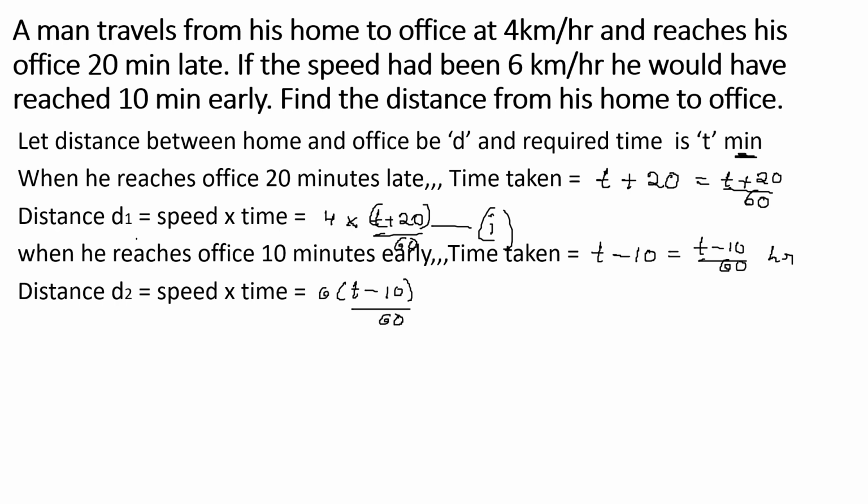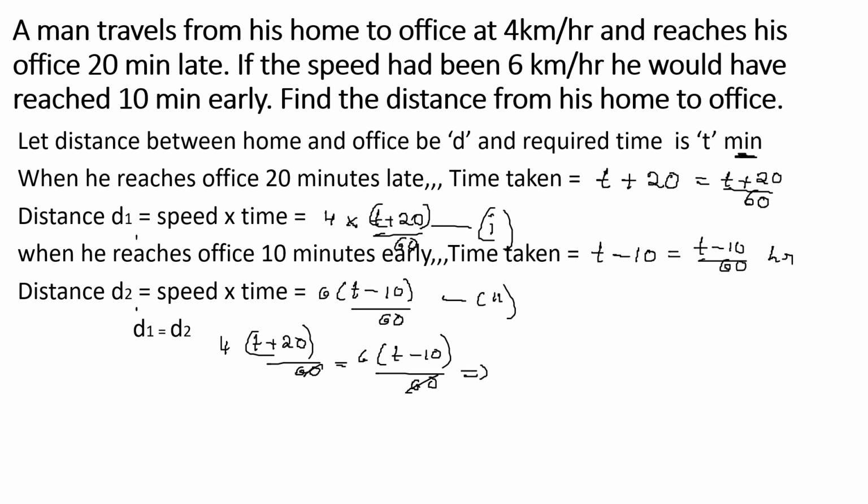Now this D1 and D2, both are distance from home to office. That means D1 should be equal to D2. Now compare equation 1 and 2. So you will get 4 into (T plus 20) divided by 60 is equal to 6 into (T minus 10) divided by 60. So we'll cancel the 60 and 60.